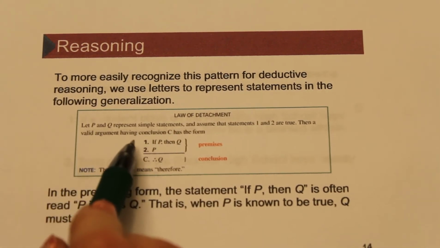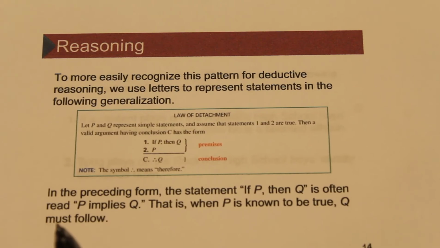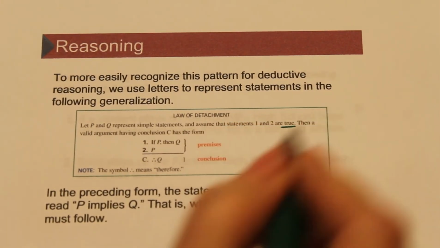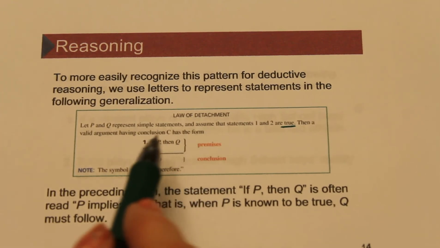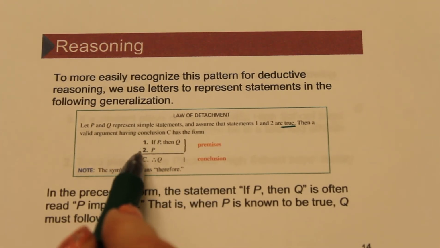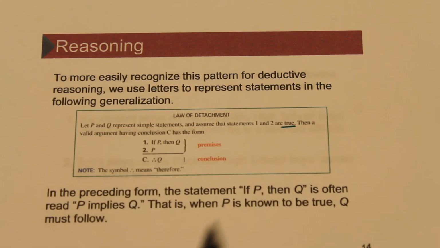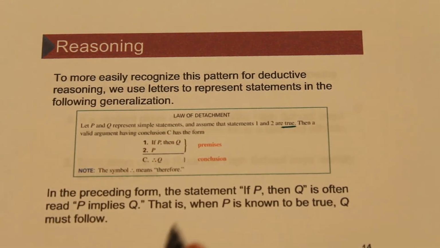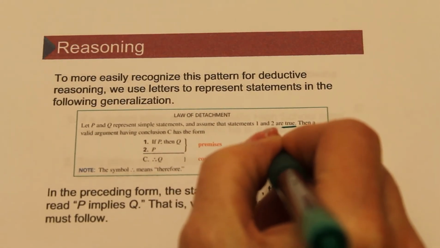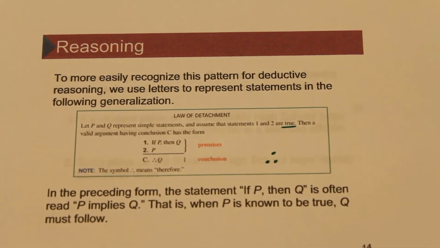So P and Q are going to be statements, and they are true. For a valid argument, your premises have to be true. You cannot base an argument on a false premise. So, if the first statement is true and the second statement is true, then you can conclude the third statement. This little symbol here is therefore. Looks like finger holes in a bowling ball, but that's therefore.